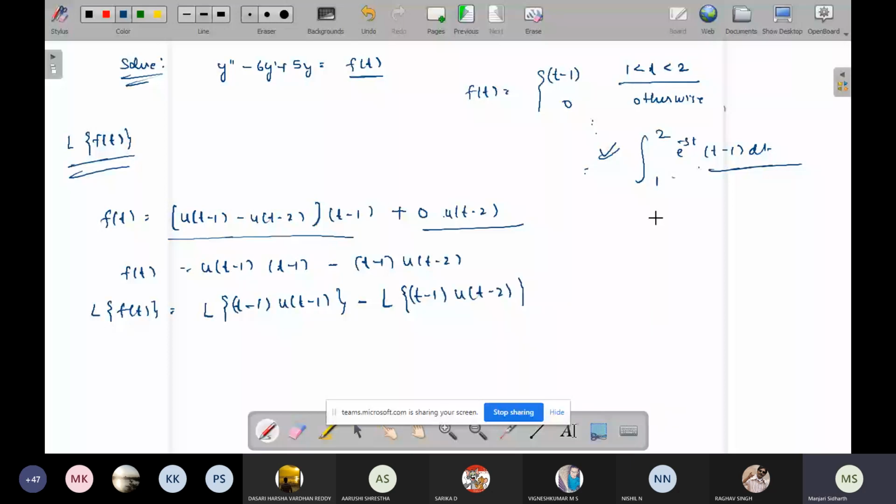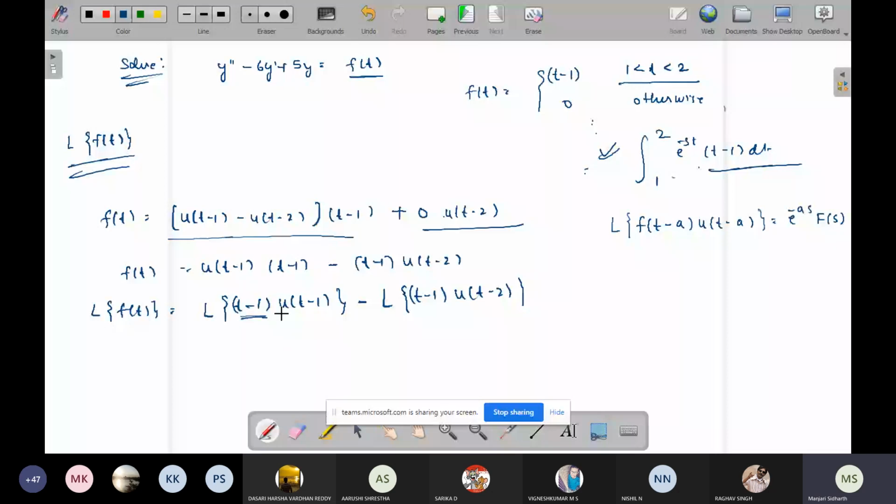See the shifting theorem: the Laplace transformation of f of t minus a and u of t minus a is equal to e power minus as and Fs, right? See, t minus 1, u of t minus 1.